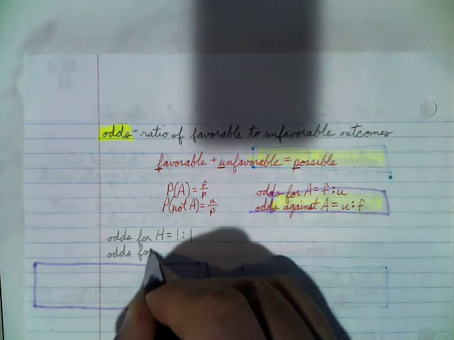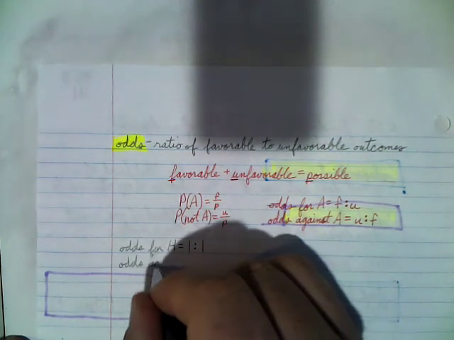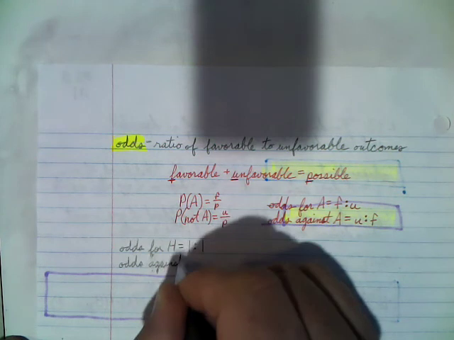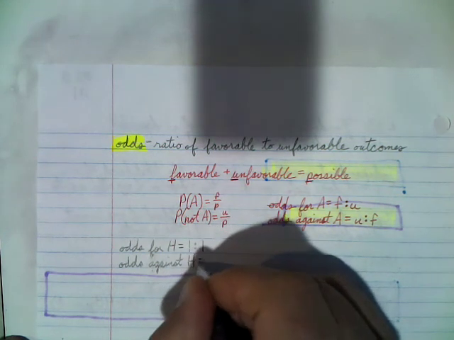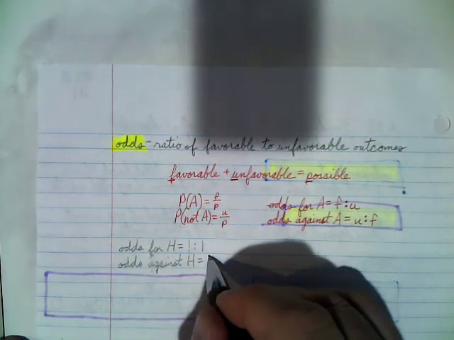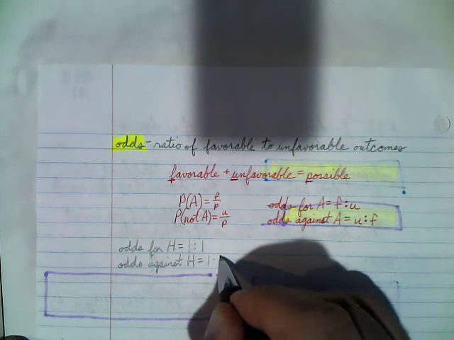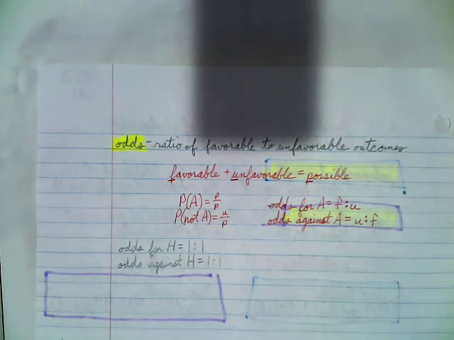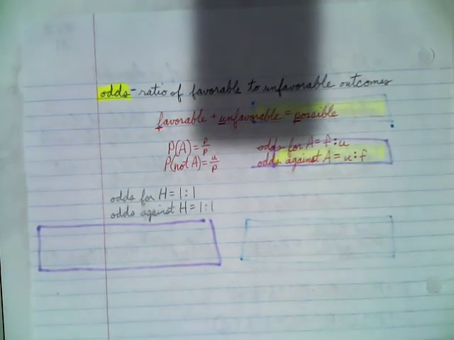The odds against H then would start with the unfavorable, 1, tails, and then finish with the favorable, 1, heads. So that's not terribly interesting. The odds for and the odds against heads are the same, which goes with their probability of being 1/2.